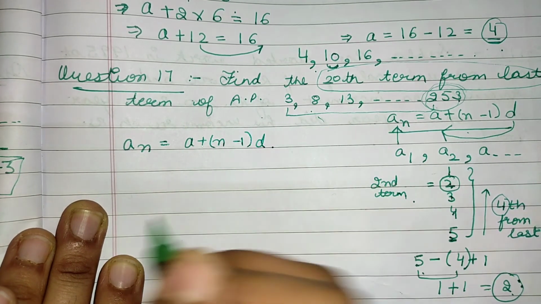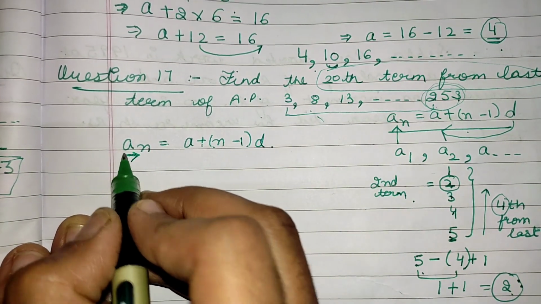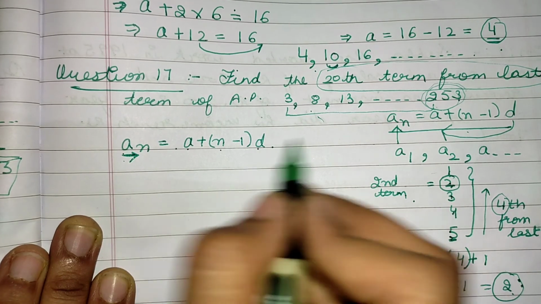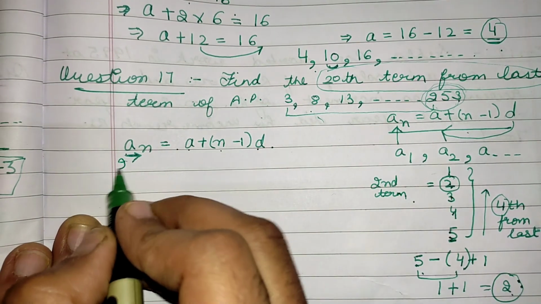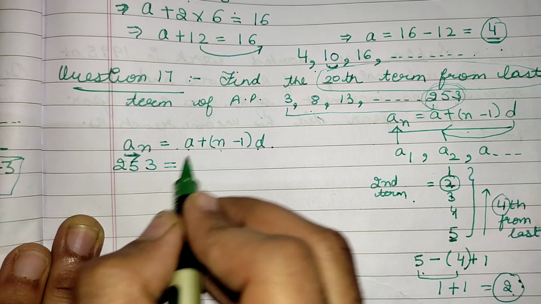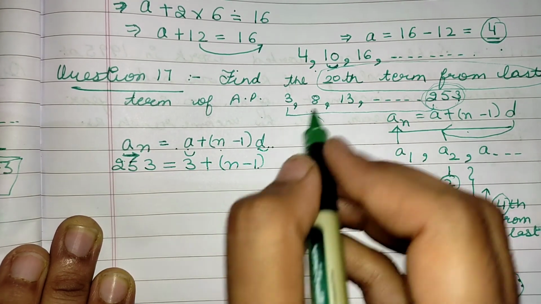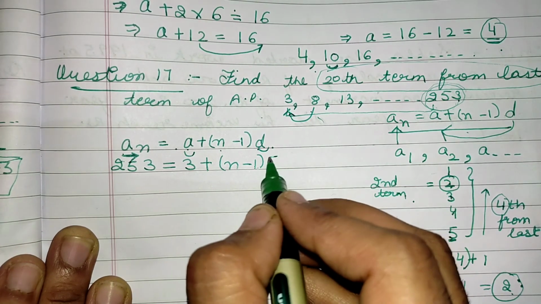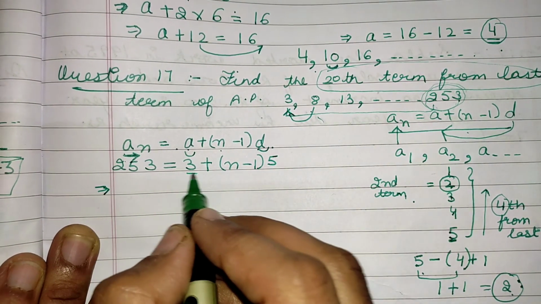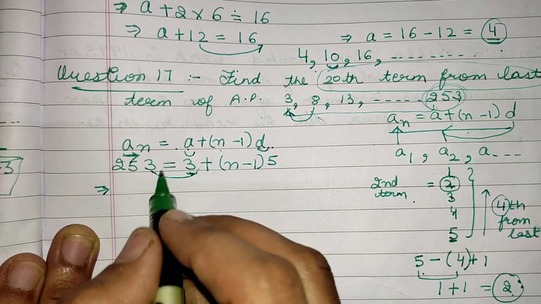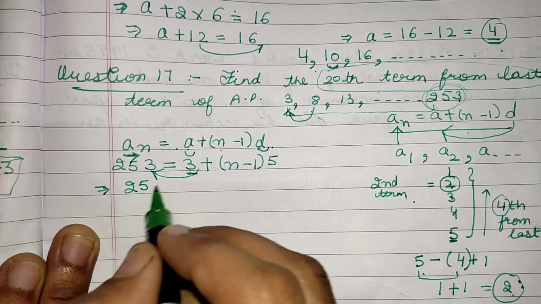So how can I get that? I can get that an is equal to a plus n minus 1 into d. An is my 253, which is equal to a, my 3, plus n minus 1 into the common difference, which is 8 minus 3, that is 5. This is 3 plus, so when it goes to the left hand side, it will be subtracted.